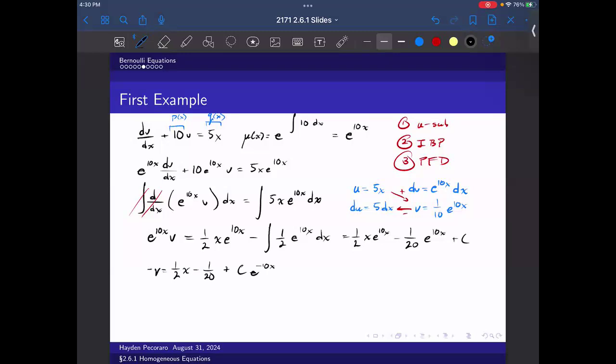And v was our substitution, y to the 1 minus 3, or y to the minus 2. Sometimes I like to write that more simply as 1/y squared, because it makes the algebra easier to solve for y. And we have y squared equals 1 over all of this stuff, plus c e to the minus 10x.